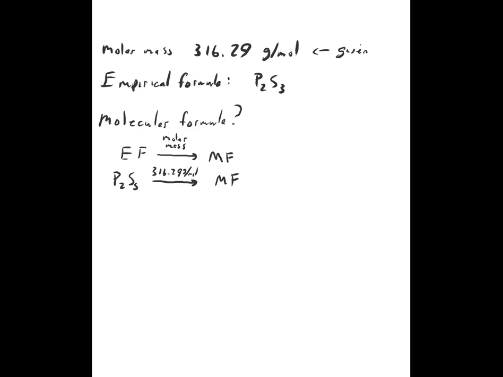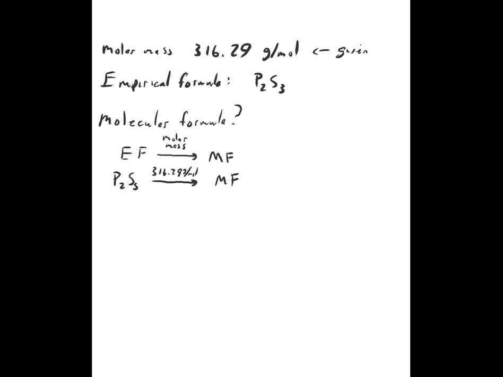You can take something, put it in a little porcelain dish, heat it to the point where it breaks apart and gives off gases. And from measuring the masses before and after, you can figure out what the empirical formula is. But you can't figure out the molecular formula that way. So there was a big stumbling block in figuring out molecular formulas instead of empirical formulas.